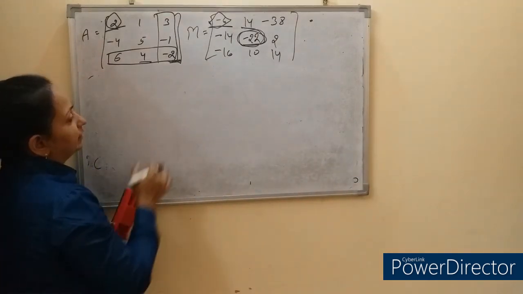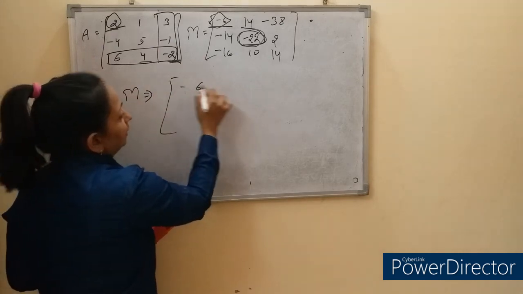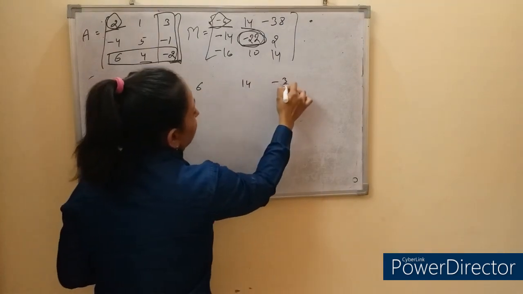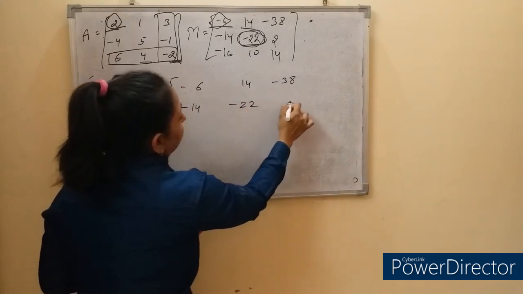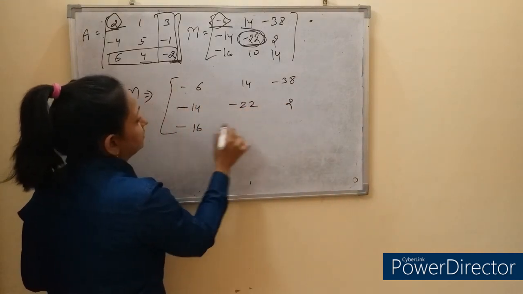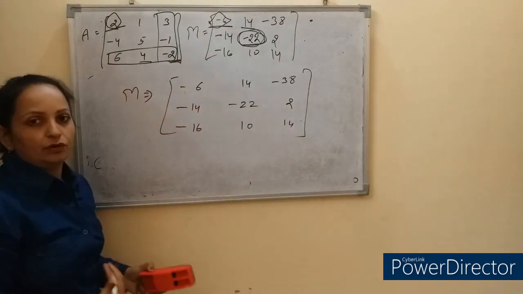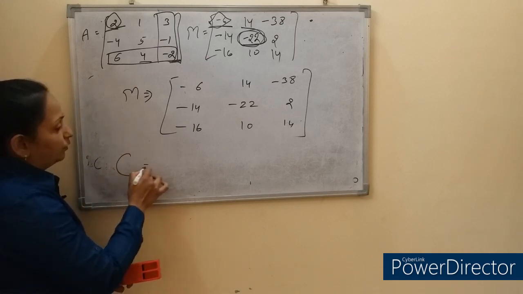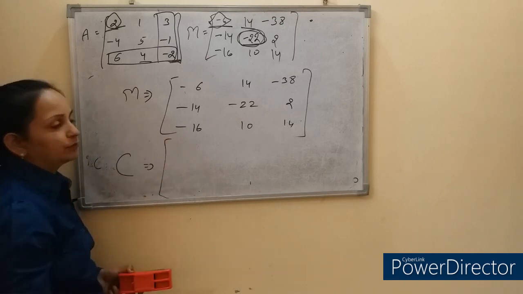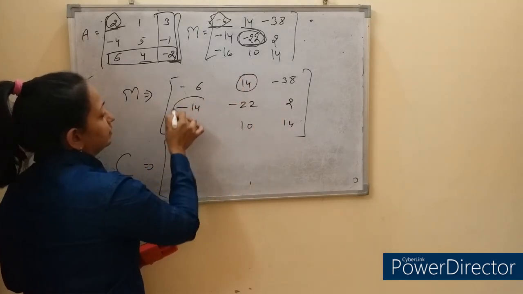So the second method to find the cofactor matrix: this is your minor matrix, minus 14, minus 22, 2, minus 16, 10 and 14. This is your minor matrix. Okay, and I have to find out the cofactor one. How to find the cofactor? You only have to choose these 4 elements.